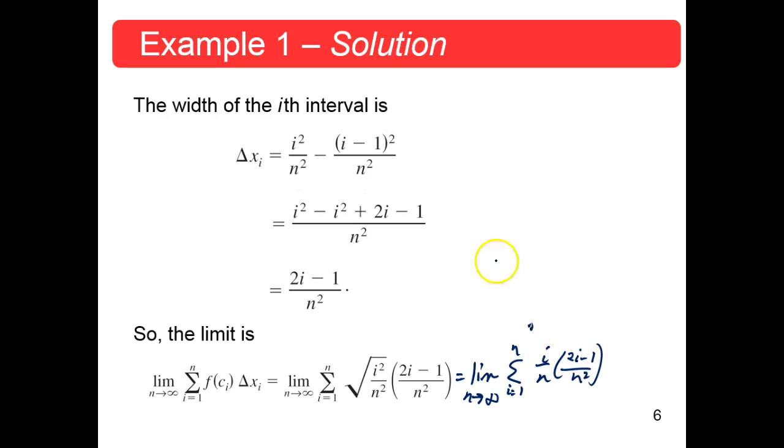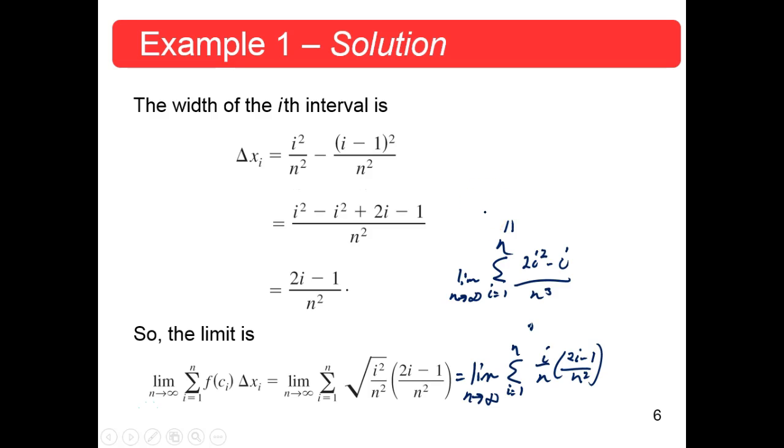So what will that be? The limit as n goes to infinity, summation of I equals 1 to n of 2I squared minus I over n cubed. Okay? All right.